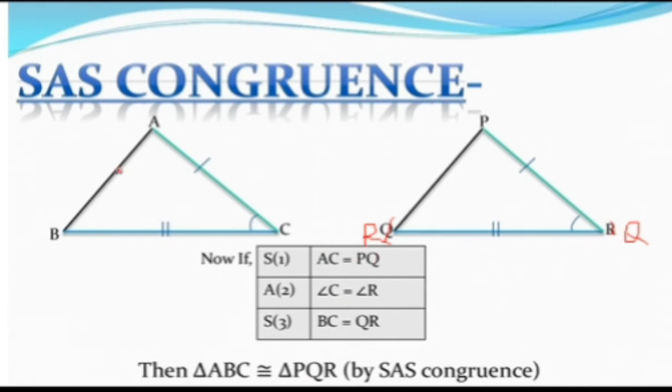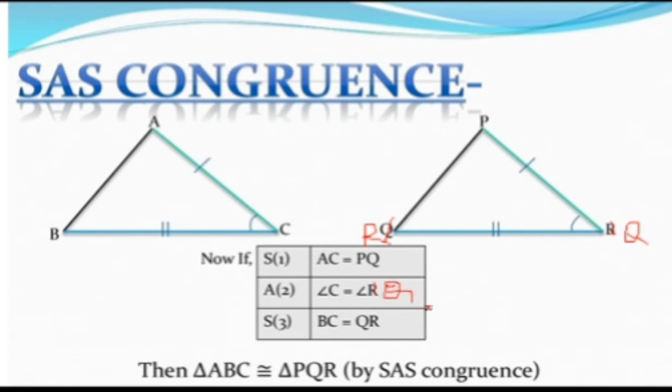AC is equal to PQ, fine. C is equal to R. Again, I made this slide wrong. Now here do Q. While typing I made this mistake, okay.